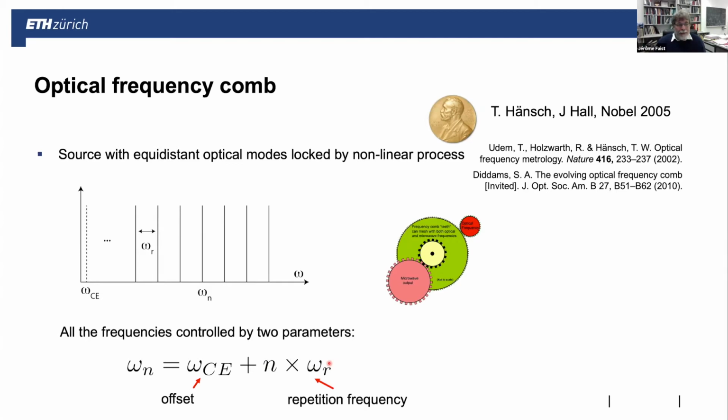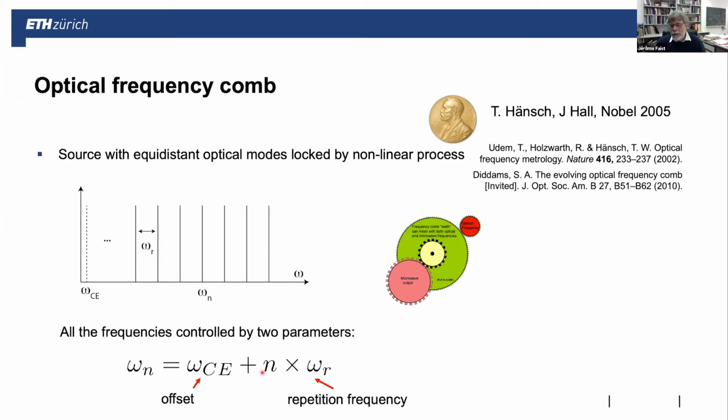So the beauty is if you're able to control what is called the offset frequency, meaning the frequency of the first line, even if it doesn't appear, of the comb, then with just two numbers you can fix this whole ladder of frequencies.